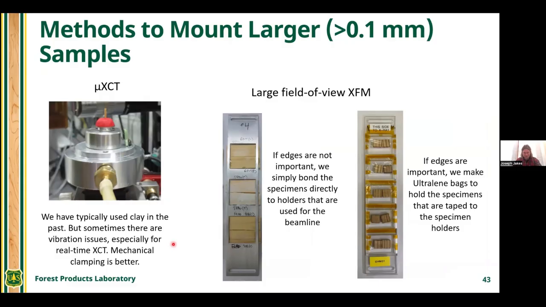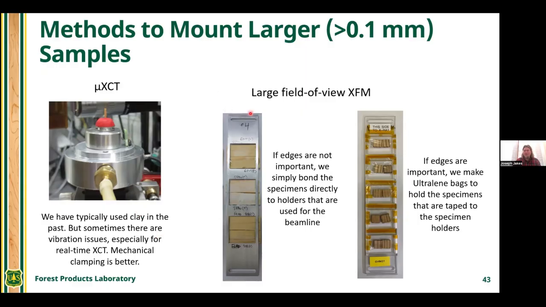But we are finding that as synchrotron experiments get faster and faster, and you can even do real-time XCT imaging now, sometimes you get some vibration issues with the clay. And so going forward, we're going to always use some sort of mechanical clamping, either like a pin vise or just a small clamp, just to hold the specimen in place.